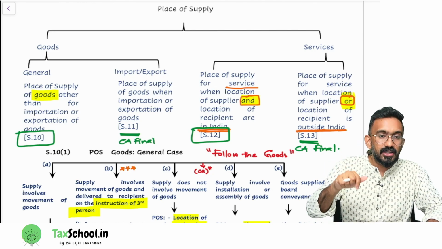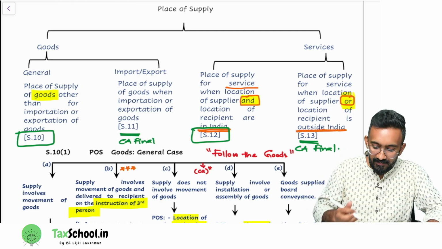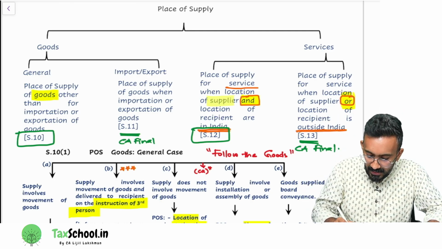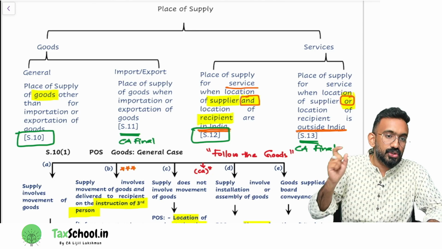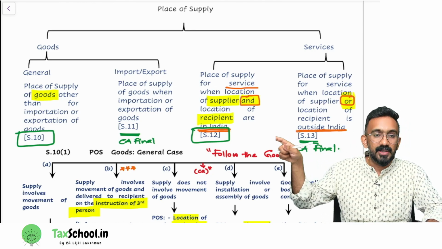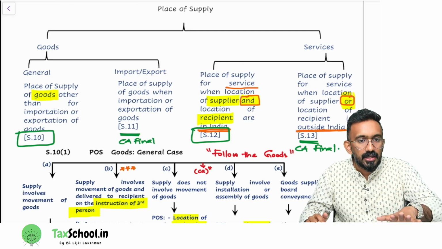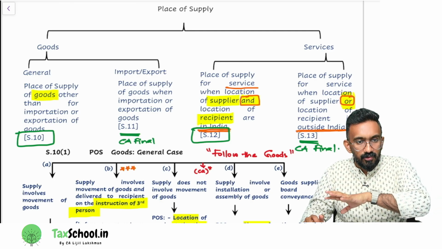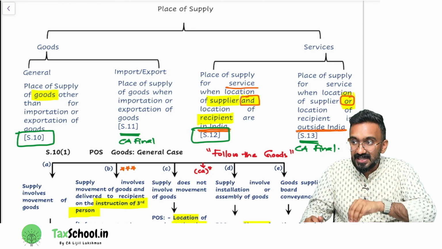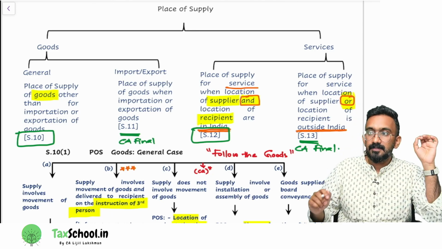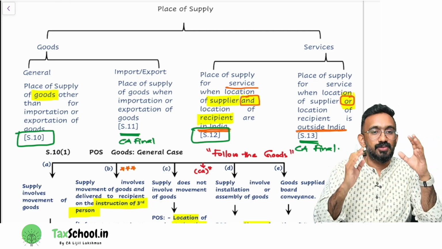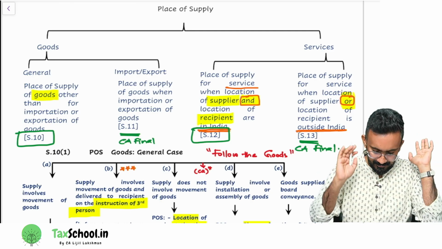When supplier or recipient, one party is outside India. When both the supplier of service and the recipient of service have their location in India, you will apply section 12. Both section 10 and section 12 are applicable for intermediate, which means all domestic transaction place of supply is what is there in your syllabus.